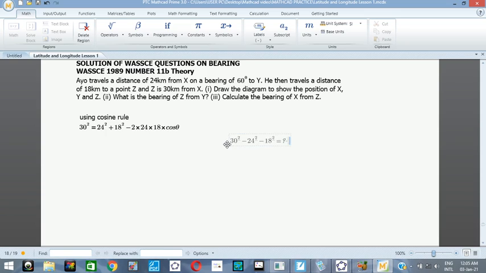This is going to give us 0. So if this is 0, that means cos theta is equal to 0. Understand? Everything here is giving us 0.